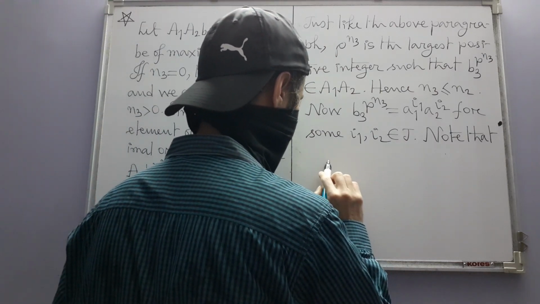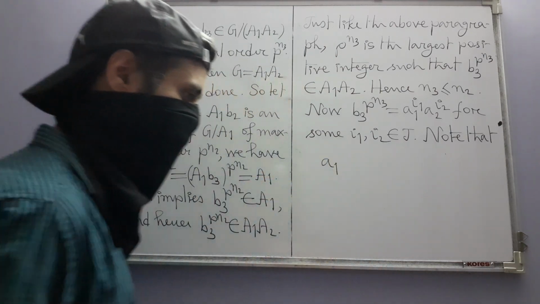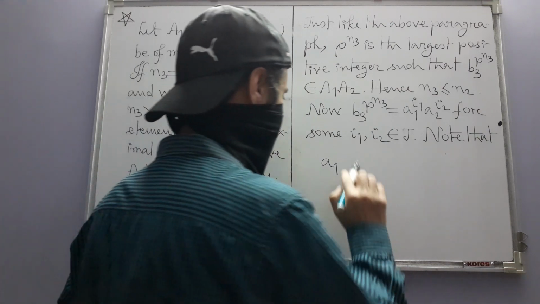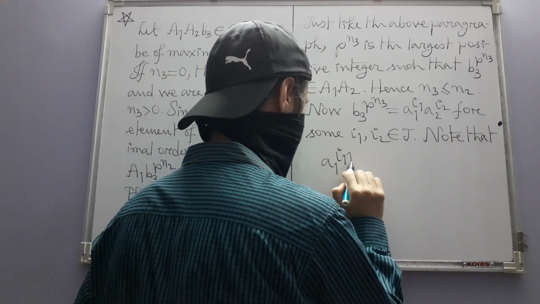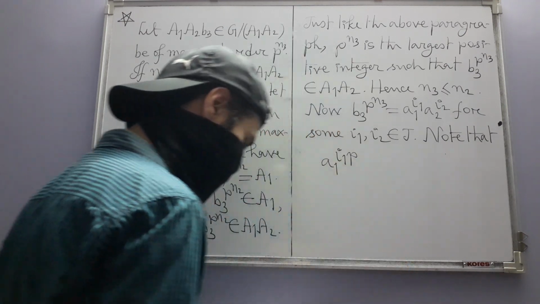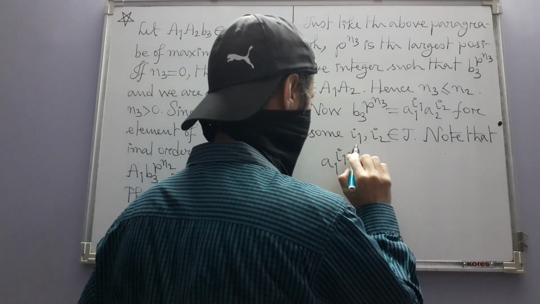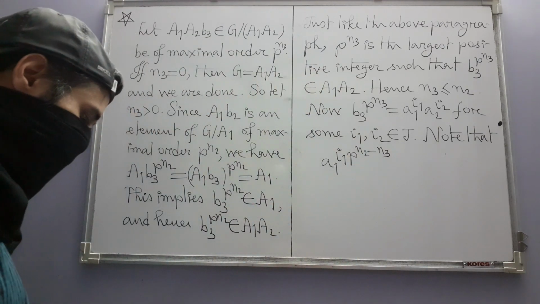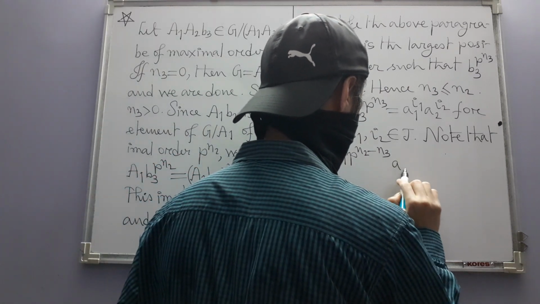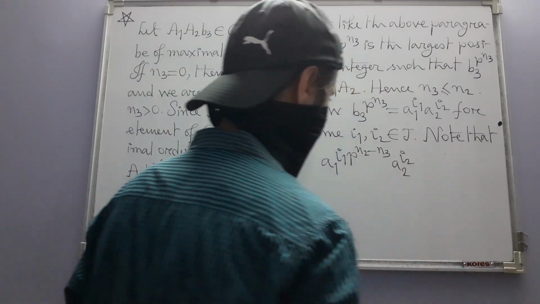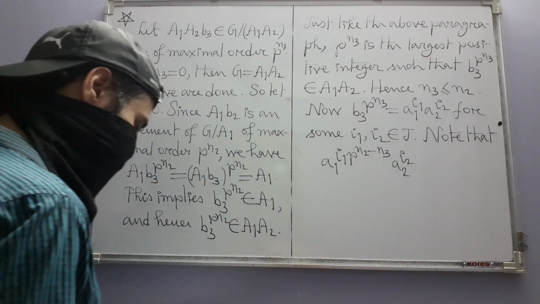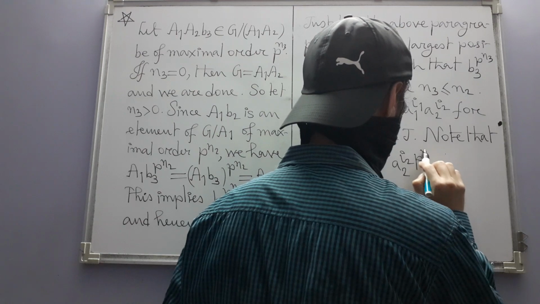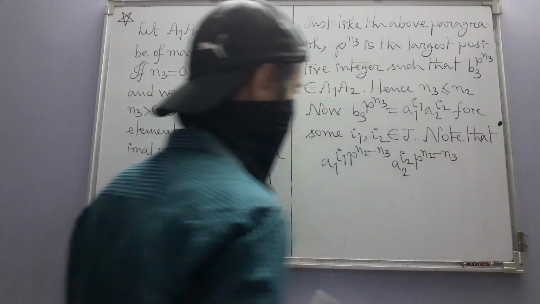Note that A1 to the power I1 times P to the power N2 minus N3 times A2 to the power I2 times, again that same thing, P to the power N2 minus N3.